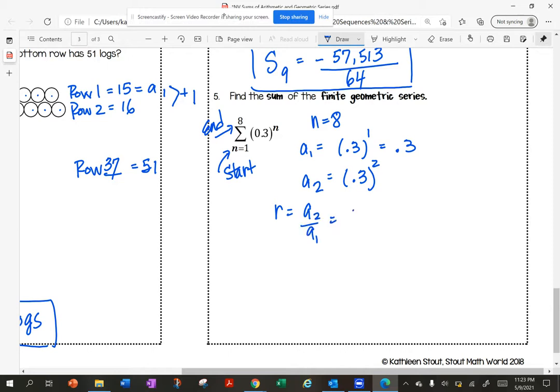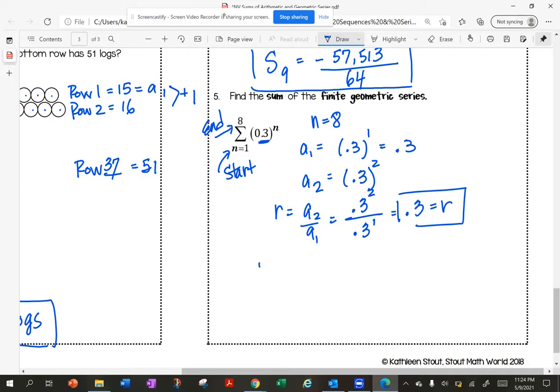So that is going to be 0.3 squared divided by 0.3 to the first power. So I am going to subtract the exponents, so I really get 0.3. So my common ratio is 0.3. Now going back and looking at my equation, I really see that's the base of this equation. So if I recognize it just looking at it, I don't have to find the next term and then do the division.